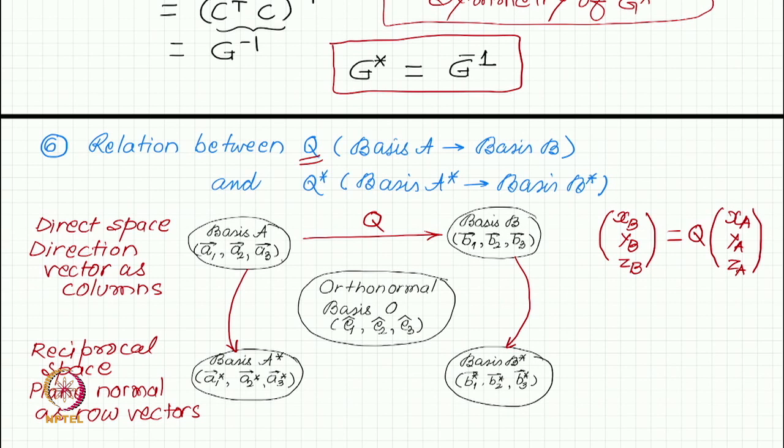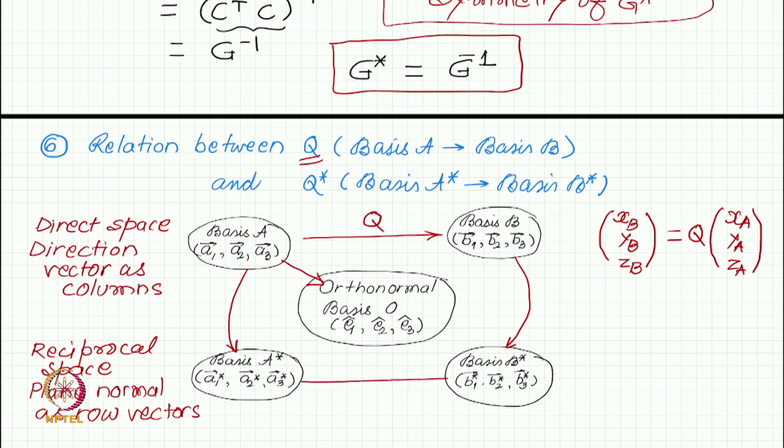Now, A can be related to the orthonormal basis. So, we have already two direct bases A and B which are talking to each other through Q. We have two corresponding reciprocal bases, and we want to know in what language they are talking.